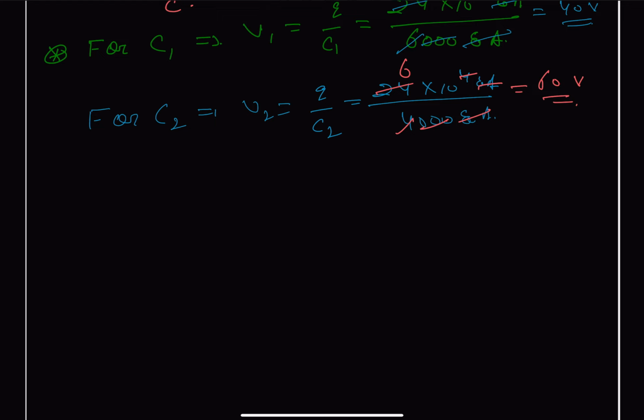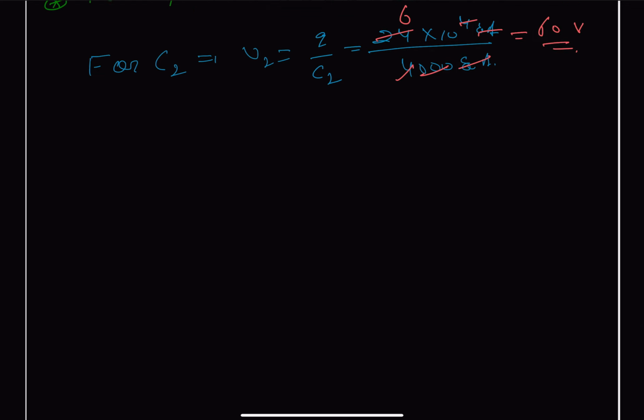So we have C1 with V1 equal to 40, and we have C2 with V2 as 60, and the foil is in between. Here 60 plus 40 gives us that the total net potential difference is equal to 100.